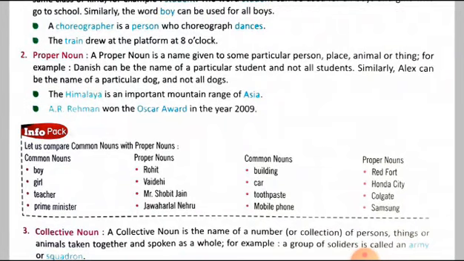Here in the left column you can see common nouns: boy, girl, teacher and prime minister. Just next to it, proper nouns: Rohit, Vaidehi, Mr. Shobhit Jain and Jawaharlal Nehru. Now look, boy represents a whole class or kind of species, and Rohit is a particular boy. Girl represents the whole species of girls, but Vaidehi is a particular name of a girl.